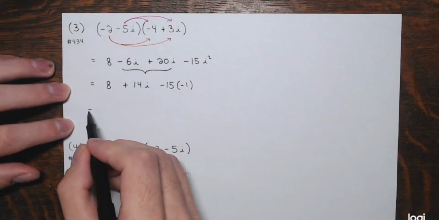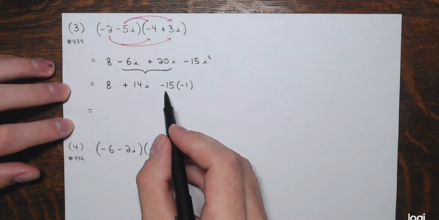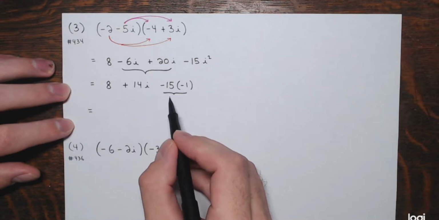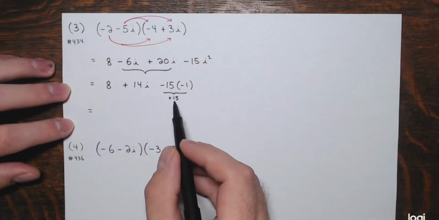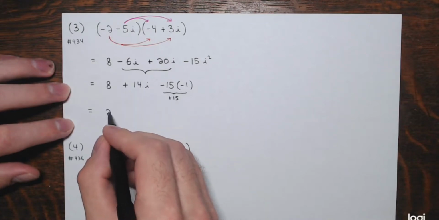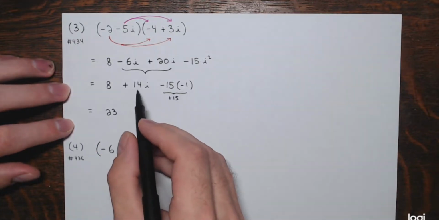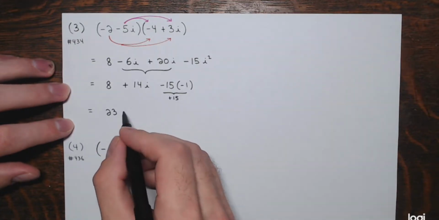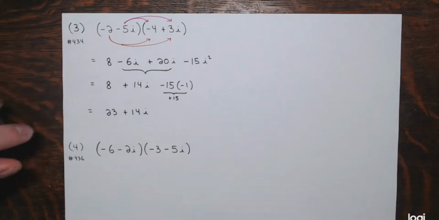So we have 8, and then this becomes plus 15, right? 8 plus 15 is 23. So the real number is 23, and the imaginary part of the complex number here is plus 14i. And there we go.